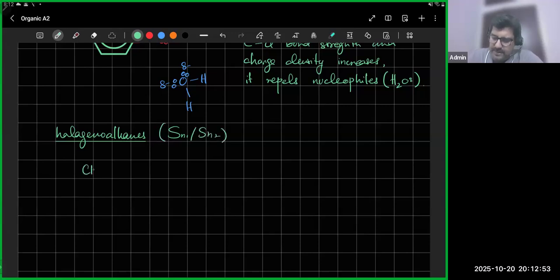If I have a primary halogenoalkane, for example CH3CH2Cl, the Cl is going to be replaced or substituted. You would need NaOH aqueous, and you would have to heat with reflux.